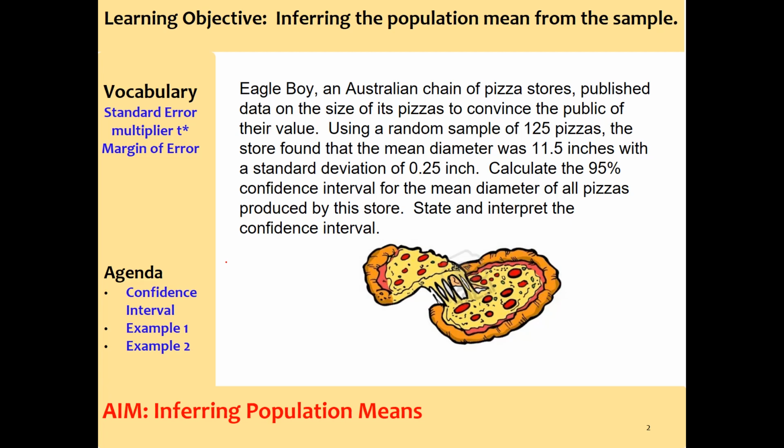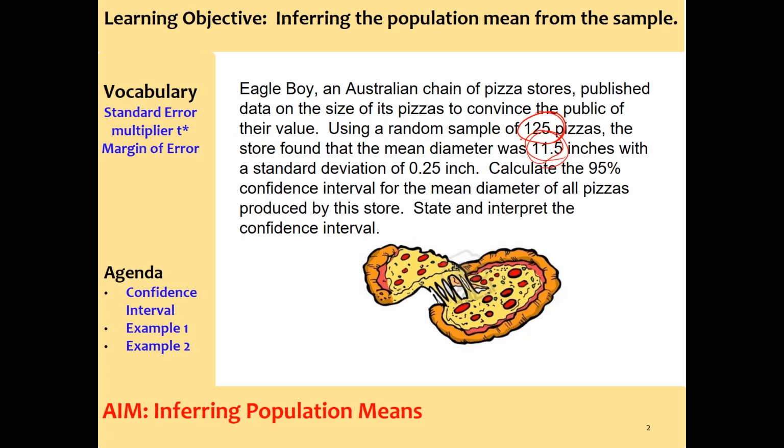Eagle Boy, an Australian chain of pizza stores, published data on the size of its pizzas to convince the public of their value. Using a random sample of 125 pizzas, the store found that the mean diameter was 11.5 inches, right? So as we're doing these problems, I would write these numbers on the side because you know you're going to have to plug them into the calculator.